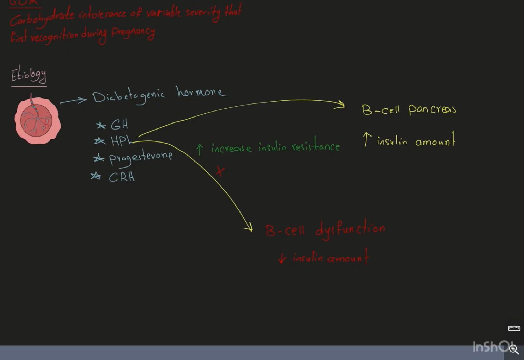These risk factors are mainly: having a BMI more than 30, an age more than 25, a strong family history of gestational DM, or a history of stillbirth. These are risk factors for gestational DM.